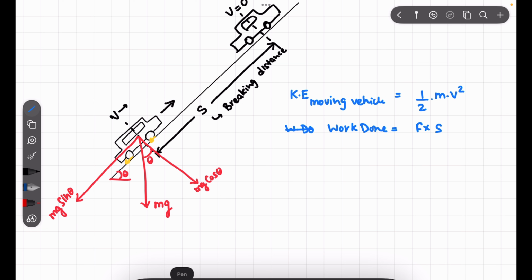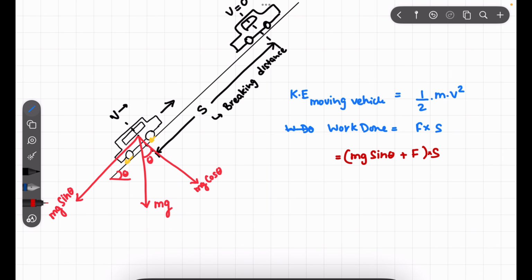We have two forces: one is mg sin theta, and the other is the friction force, into the distance that has been covered.